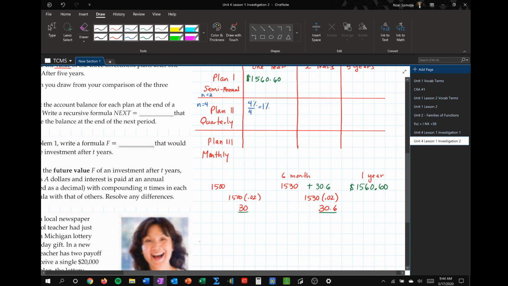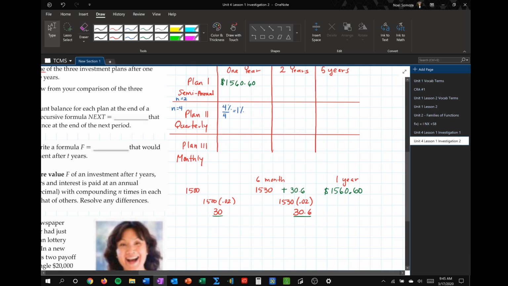If I'm starting at 1500 this time, I need to break it up into 4 parts. So now I have my 3-month mark, I have my 6-month mark, I have my 9-month mark, and then I have my 12-month mark, or my 1 year.